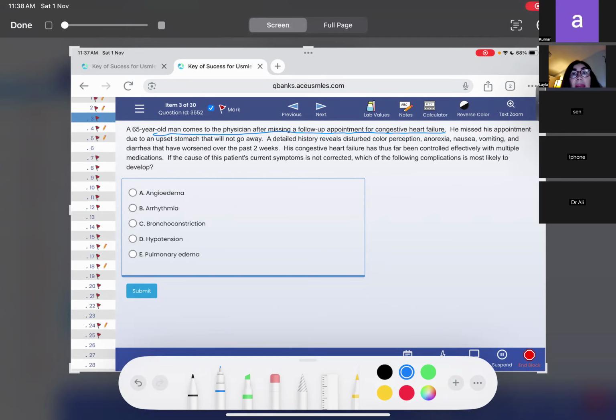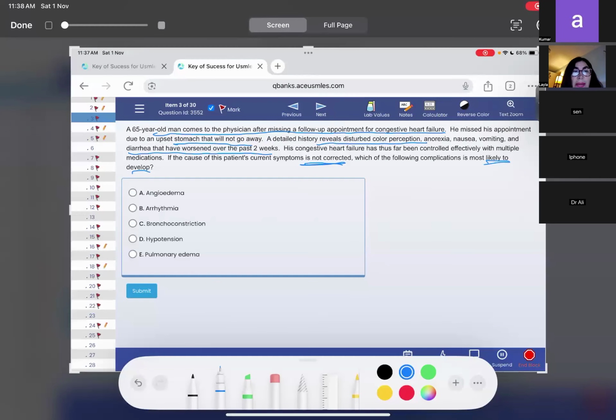A detailed history reveals disturbed color perception, anorexia, nausea, vomiting, and diarrhea that have worsened over the past 2 weeks. His congestive heart failure has thus far been controlled effectively with multiple medications. If the cause of this patient's current symptoms is not corrected, which of the following complications is most likely to develop?